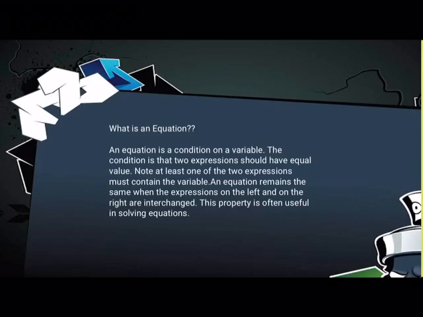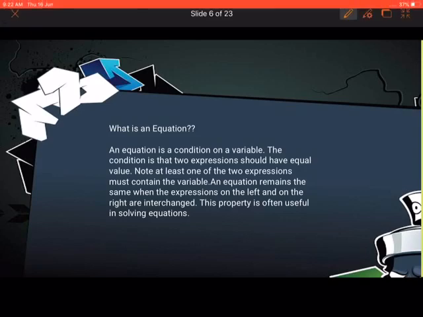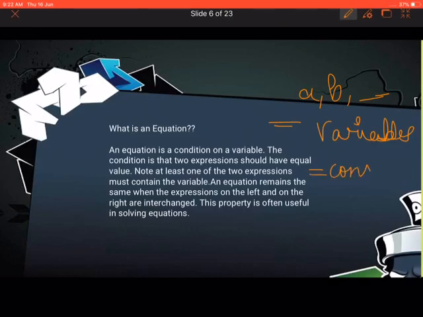Well, an equation is a mathematical expression with an equality sign. It will definitely have an equality sign, and it consists of variables. I hope you know what variables are, like A, B, and all the alphabets in the English alphabet. Those are known as variables, and it also consists of constants, right?